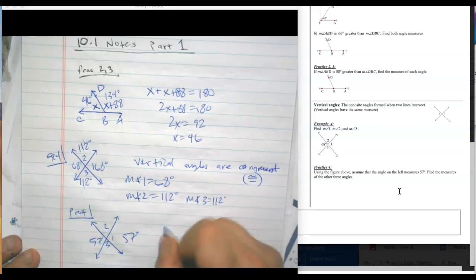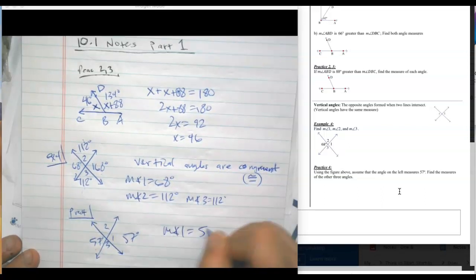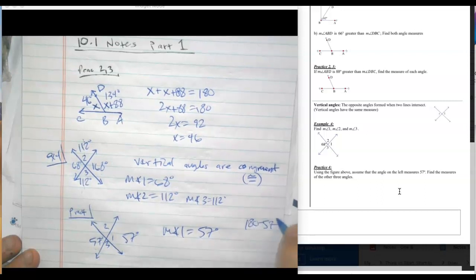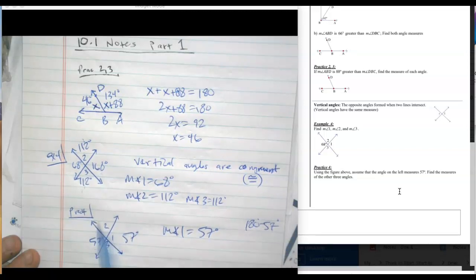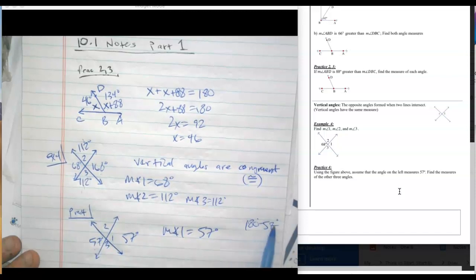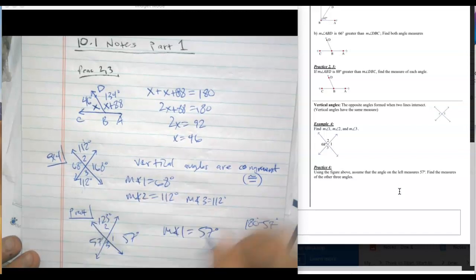Vertical angles are always congruent, so the measure of angle 1 is definitely 57. If I take 180 minus 57, I can get these other angles, because 57 degrees forms a straight line with angle 2. So 180 minus 57 is 123. Angle 2 is 123 degrees.